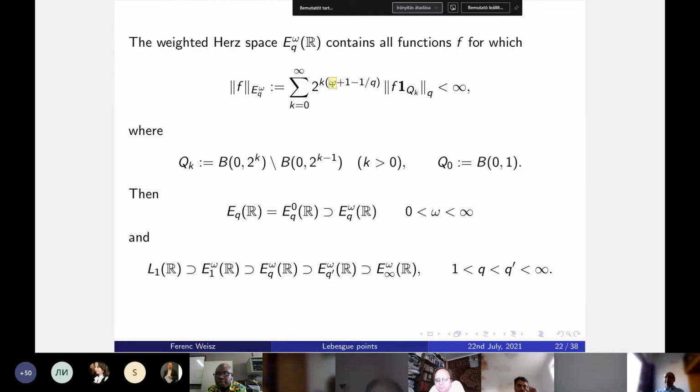So this is the weight. I need only the definition in the one-dimensional case. Q_k is the same. If omega is equal to 0, then we get the same Hardy space. Again, if Q is increasing, then the spaces are decreasing. The smaller space is E_infinity^omega.